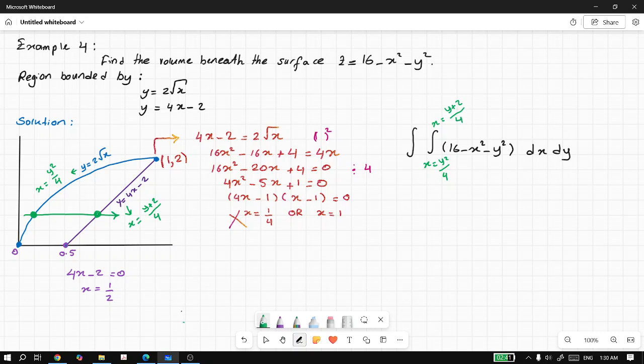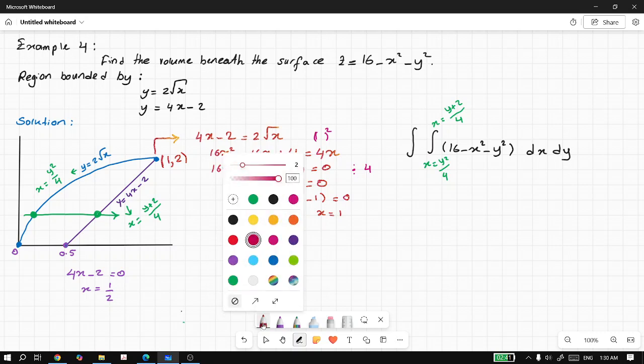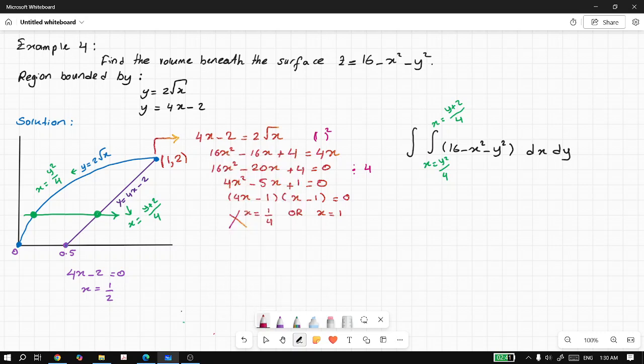We found the limits of integration with respect to x. Now we have to find the limits of integration for y. For y, we are looking where the region starts and where it ends. If you look at this region that we have got here, it's starting from here and moving till that point, which is 2.